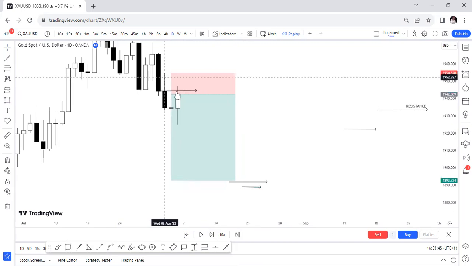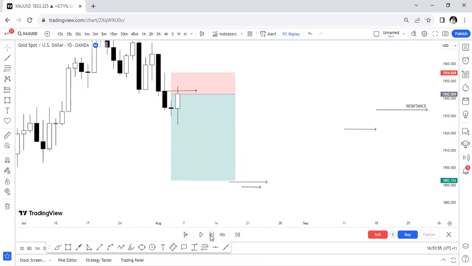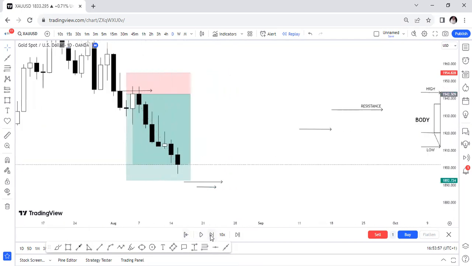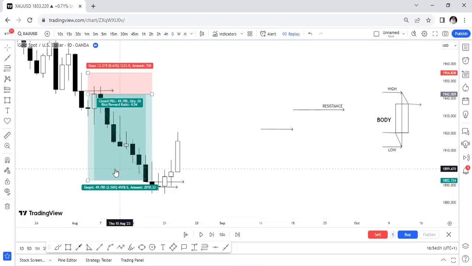This will be your stop loss. This will be the entry price. You added another sell because this has given you another valid sell. So the first one will be going in profit, and the second one too.